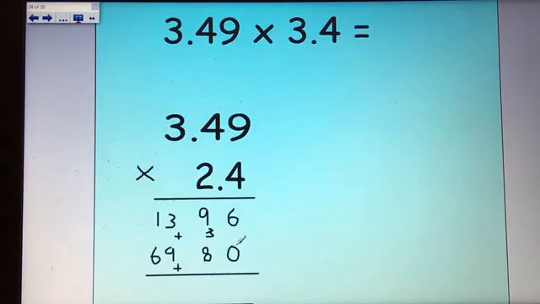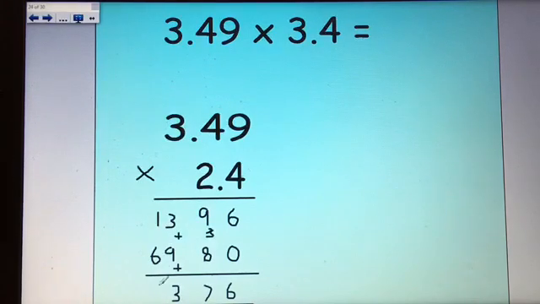Okay, so now we're going to do a straightforward column addition. So 6 add 0 makes 6. 9 plus 8 makes 17. 7, carry the 1. 3 plus 9 makes 12. Add the 1 is 13. Cross that out.